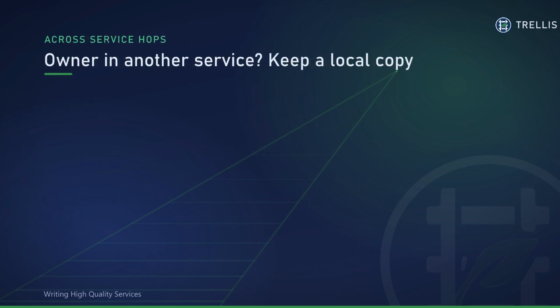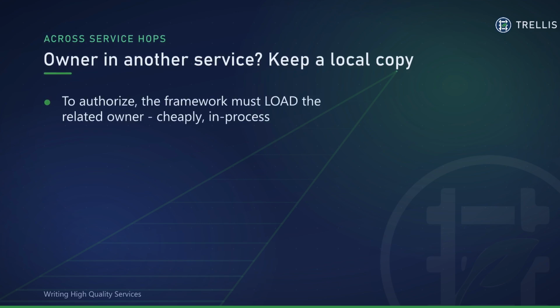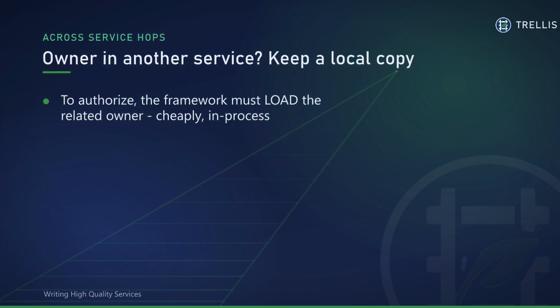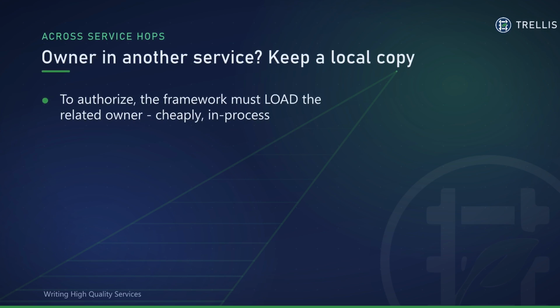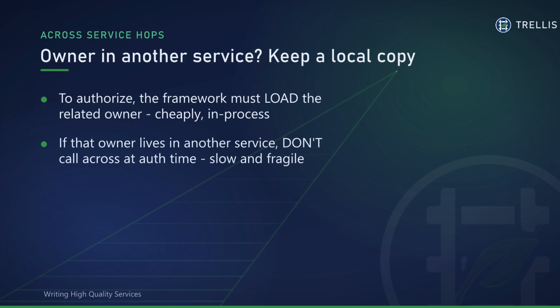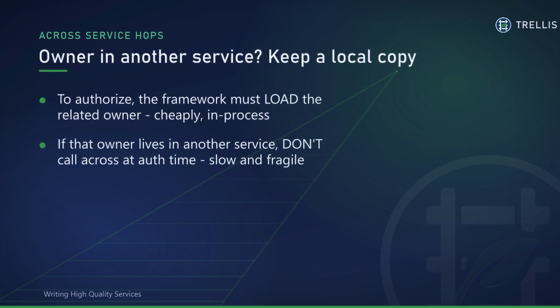Now the distributed catch, and it's the whole reason this episode belongs in a microservices series. To authorize via a related resource, the framework has to load that resource, and it expects to do that cheaply in process. But what if the owner lives in a different service? The tempting move is to call across to that service during authorization. Don't.